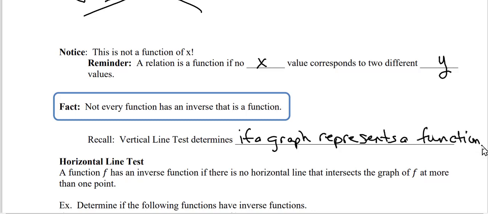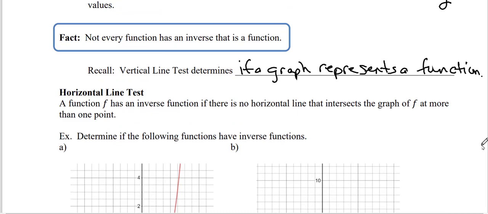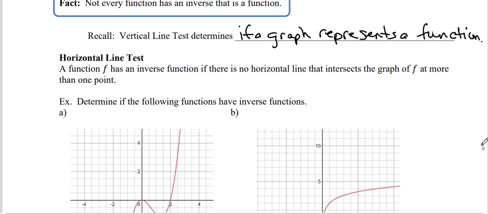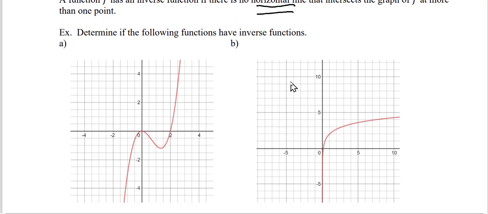If the graph passes the vertical line test, that is a function. The horizontal line test tells us that a function has an inverse if there's no horizontal line that intersects the graph of f at more than one spot. Let's talk about a couple examples, and then we'll talk about why.